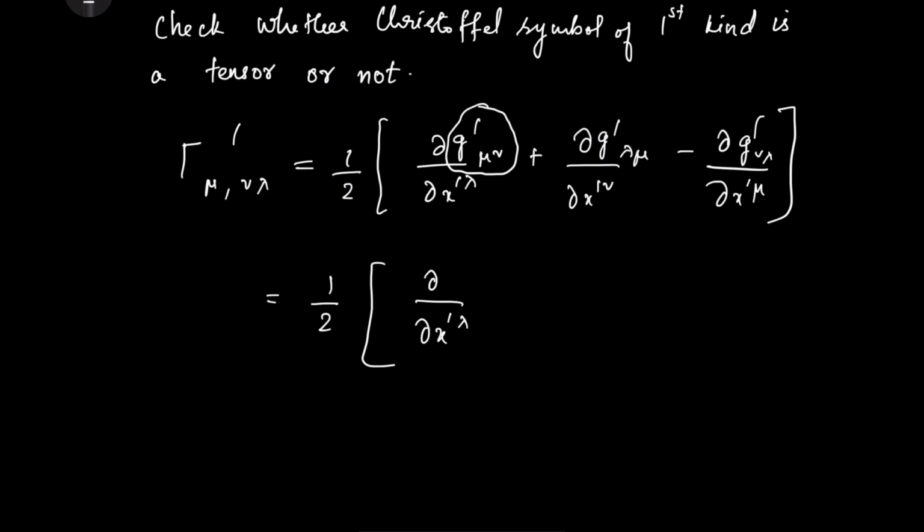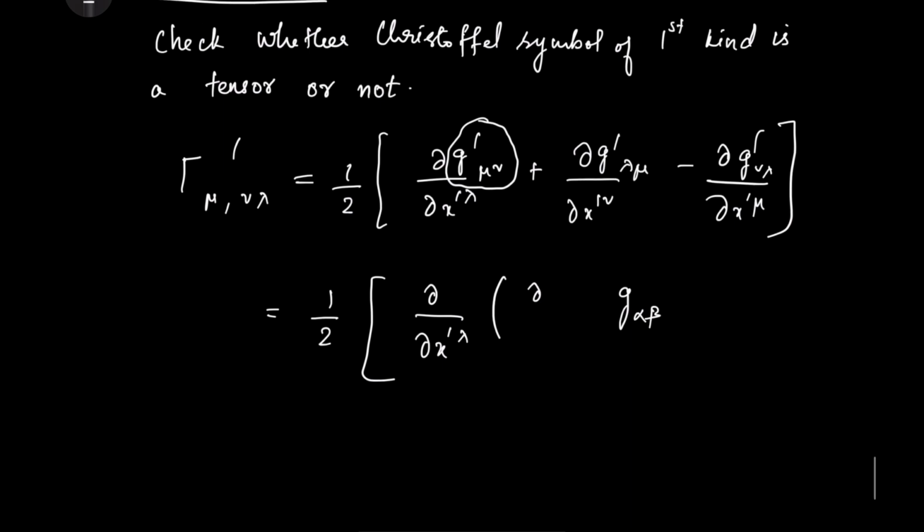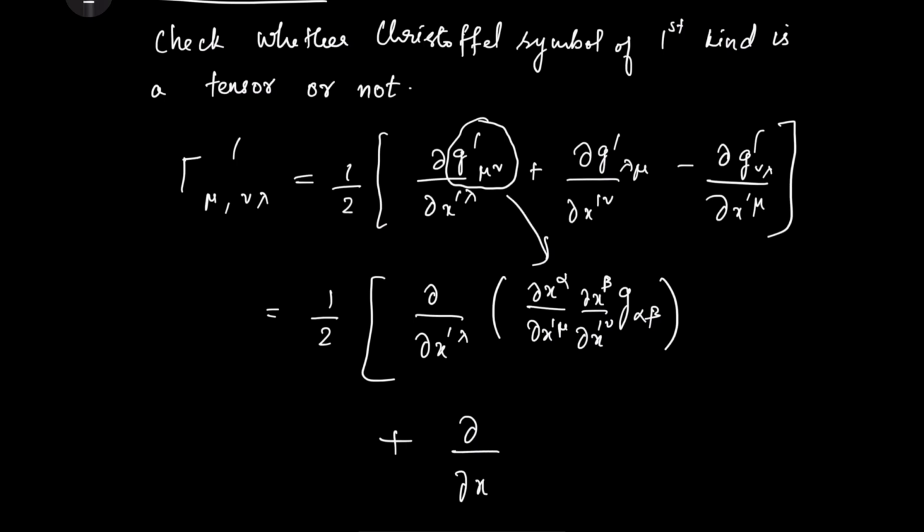Now g prime lambda mu, I have to write the transformation. So how do I write? Let g prime mu nu go to some g alpha beta. Then I can write partial derivative of x alpha with respect to x prime mu, then x beta with respect to x prime nu. This is the transformation for g prime mu nu. Similarly, plus partial derivative with respect to x prime nu.